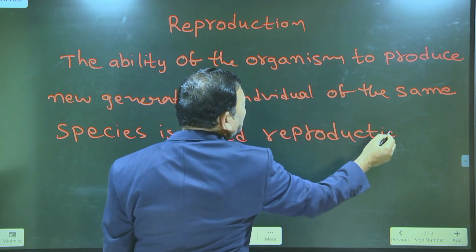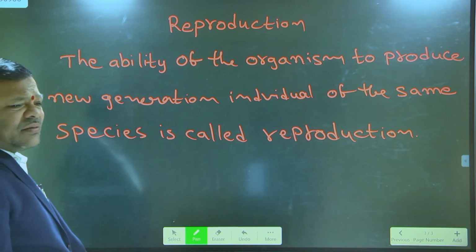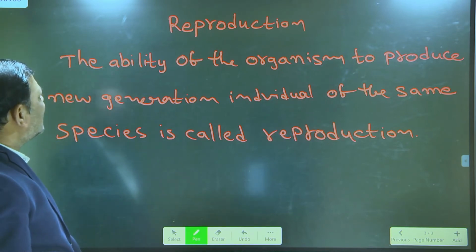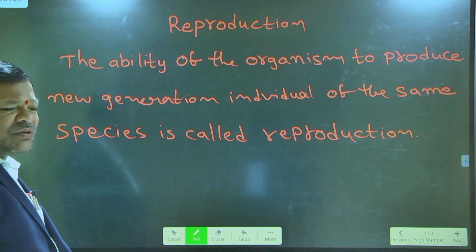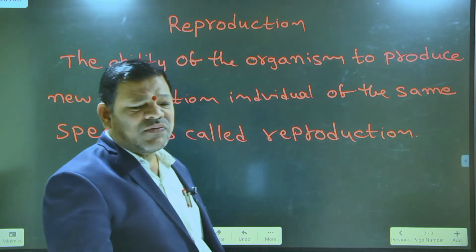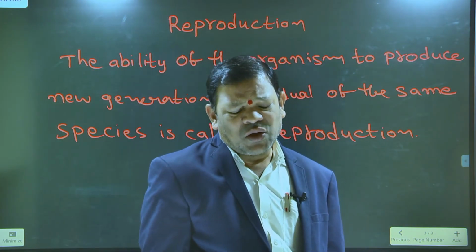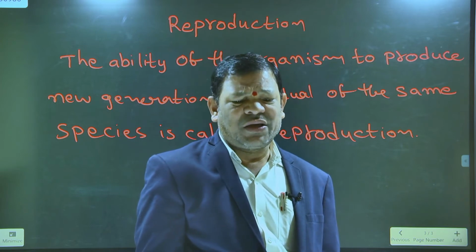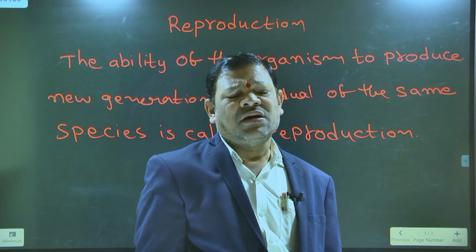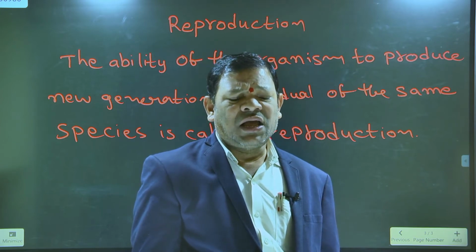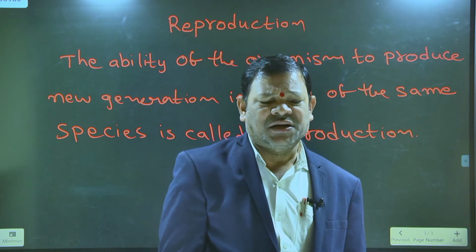That means a cow giving birth to a calf, a dog giving birth to a puppy, a human being giving birth to a small baby, a tiger giving birth to another small tiger, of the same species. This is called reproduction.